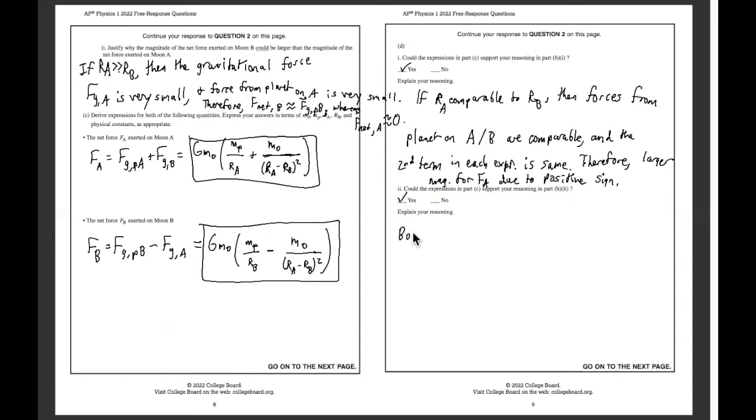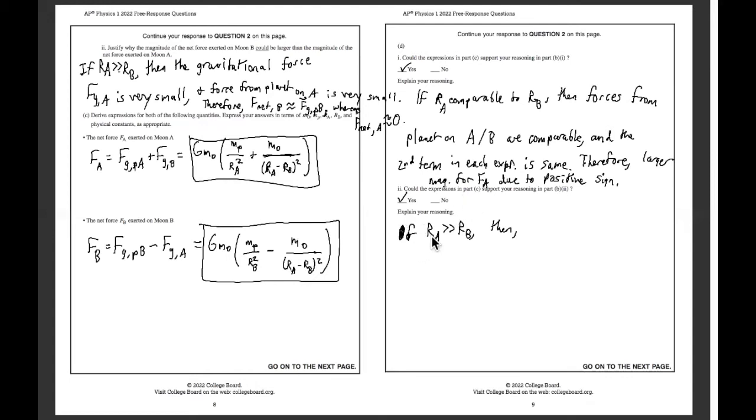Yeah. So if RA is much greater than RB, then, and I did just realize, I don't know why I didn't catch this sooner, but there should be two squares for the two first terms in my net force expressions. I don't know why I didn't catch that, but I went ahead and fixed it just now.